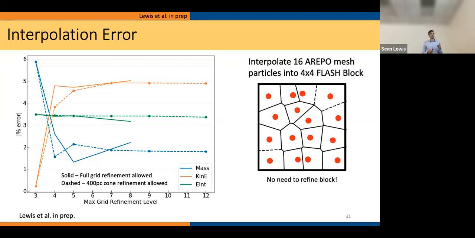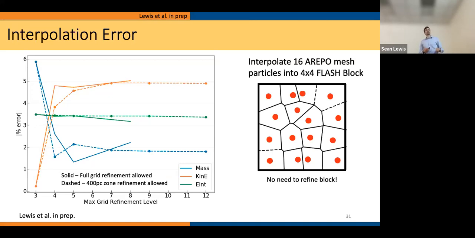To understand why that might be happening, we look on the right. I think this visualization will help. On the right, let's say this is representing just one Flash block, say a 4x4 Flash block. And this is showing the 16 Arepo mesh generating particles within it. So this is our Arepo data.